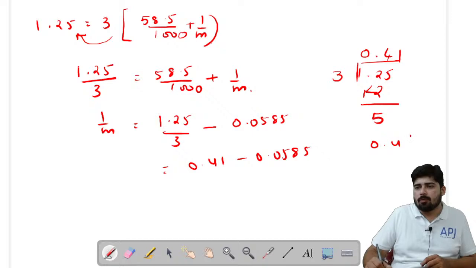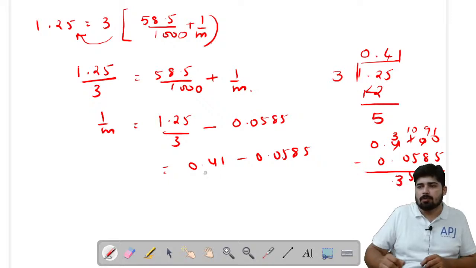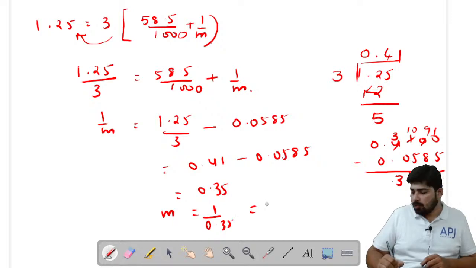So 0.4100 minus 0.0585. So here you can make it 3, here it is 10, here 9, here again 10. So 5, 1, 5, 3. So it is 0.35. So what is molality? Molality equals 1 by 0.35, that is equal to 2.79 molal.